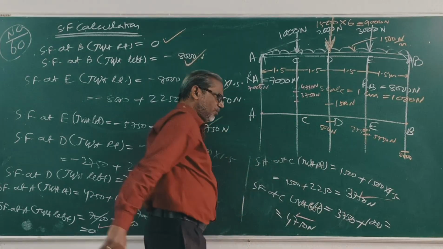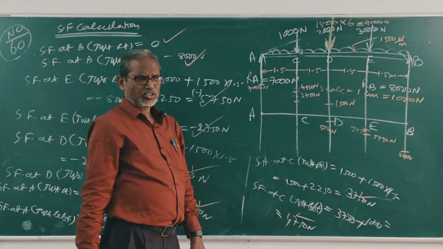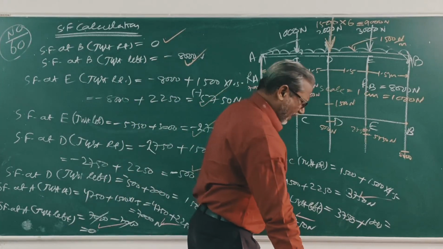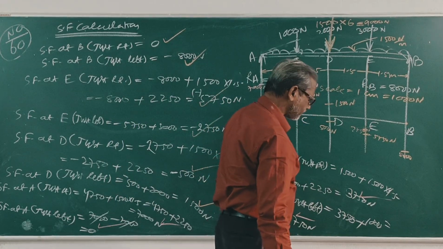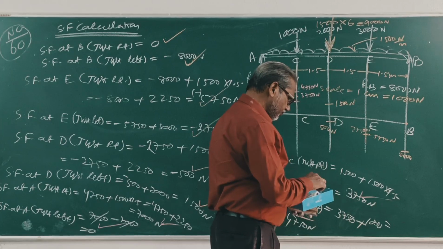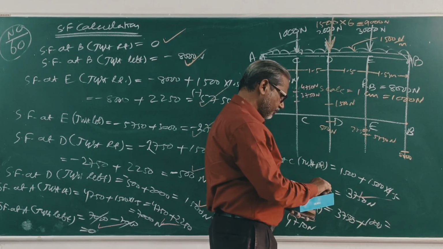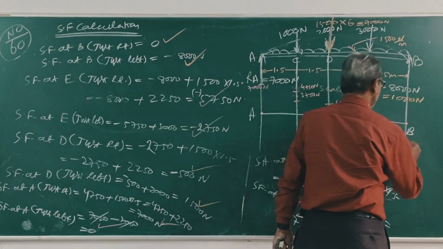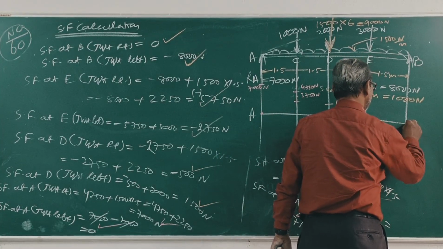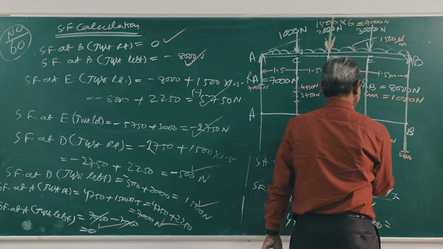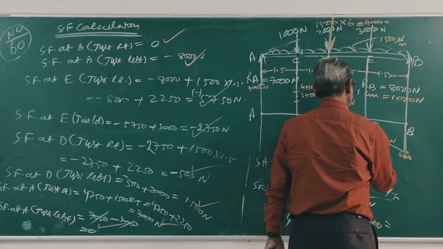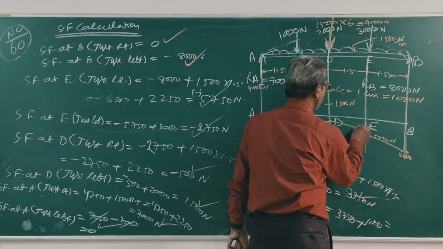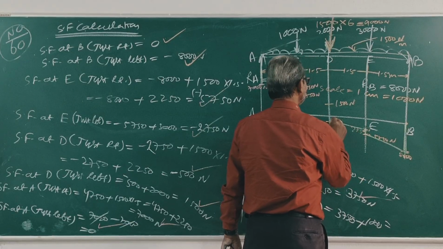Clear? Now join all the points, starting from B right. This is 0, 8000, 5750, 2750, 500, 1500.